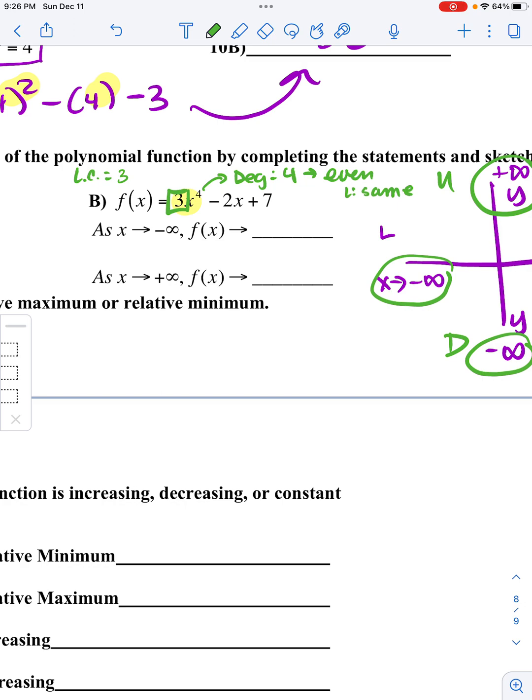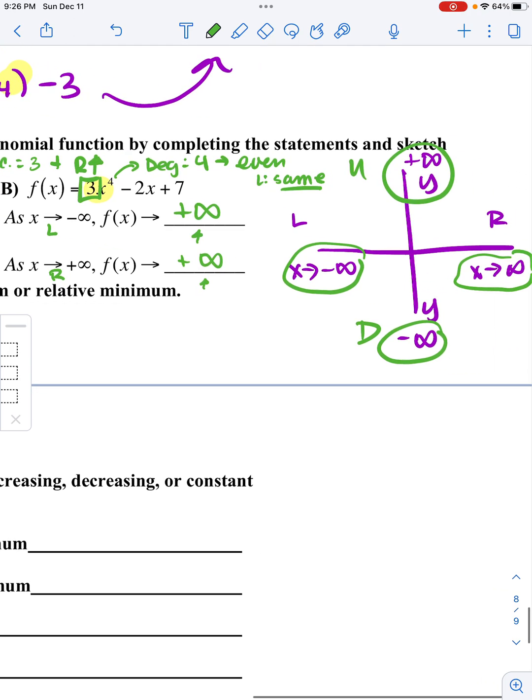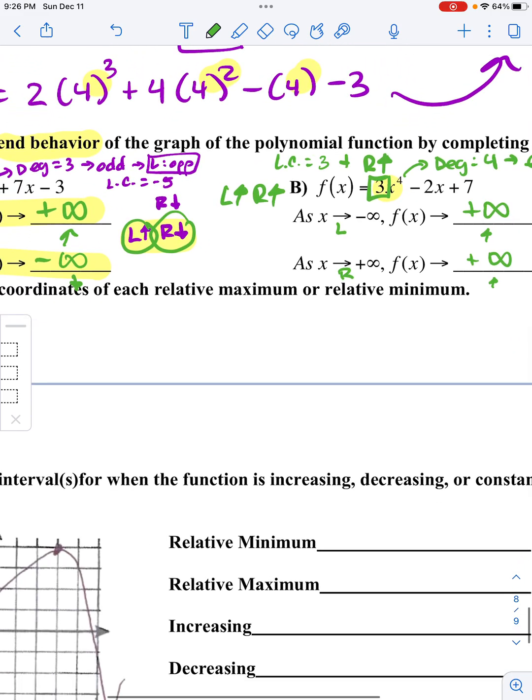I don't care that it's 3, but I care that it's positive because that tells me the right end will go up. So if the right end's going up and the left end is doing the same, then the left end's going up as well. So both the left and the right end are heading towards positive infinity. I don't really care if you put the positive sign or not.